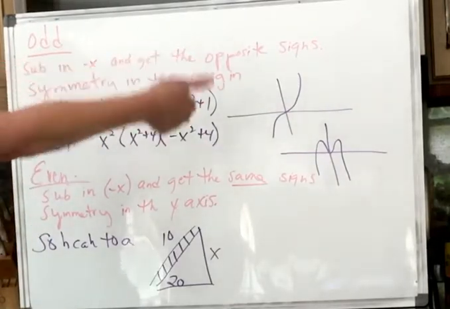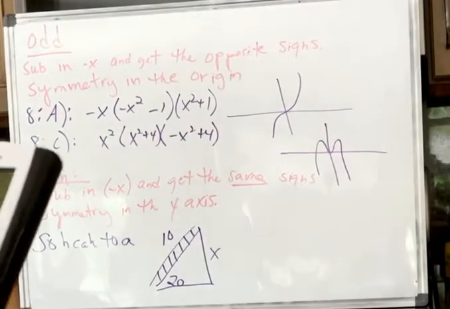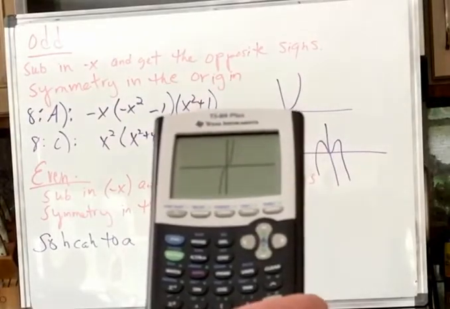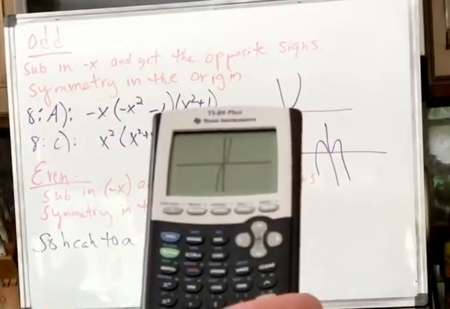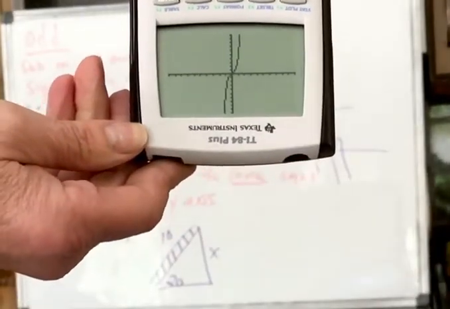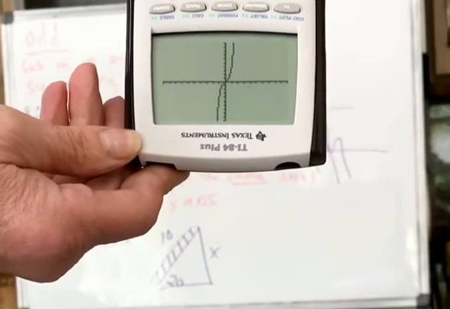Obviously, I'm not going to take this board and turn it upside down, but I will show you on the calculator what it looks like. So here we are, we're graphed. This looks like it has symmetry in the origin. If I turn my calculator upside down, in fact, it looks like the same exact function. So I am using the graphing approach to show you that this function is in fact an odd function.